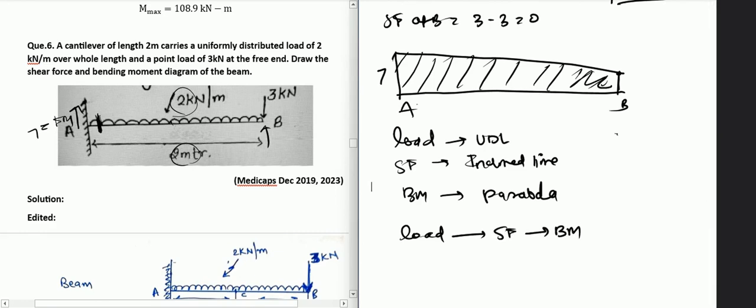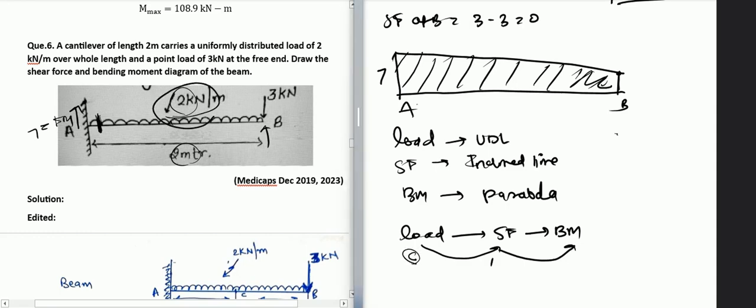So if the load is constant, then the shear force will be linear and the bending moment will be parabolic. Let us say it is some type of constant load, like the UDL we have of 2 kilonewton per meter here, which is a constant loading throughout the beam. So the shear force becomes linear here, and the bending moment becomes parabolic here.